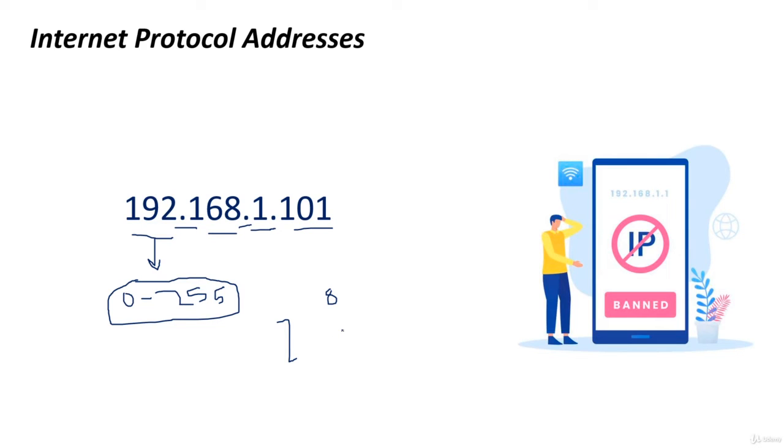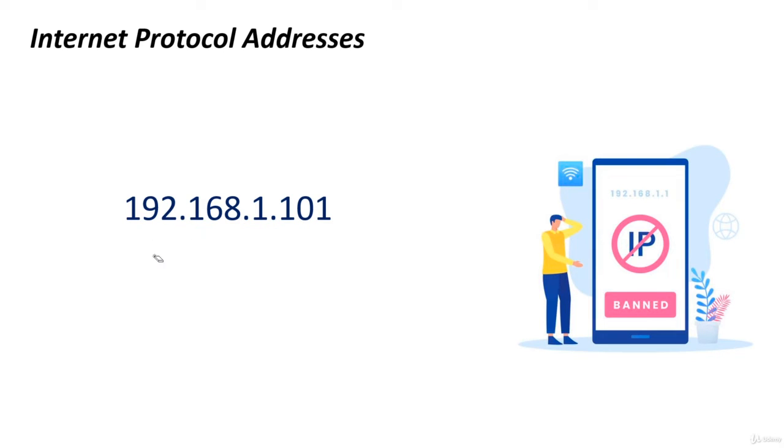Now guys, let's talk about some classes of addresses. Before going to classes of addresses, first of all, let me erase, so that it will look clear to us. Okay, now everything is fine.